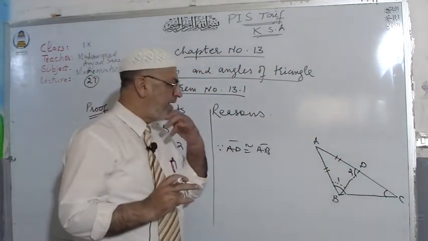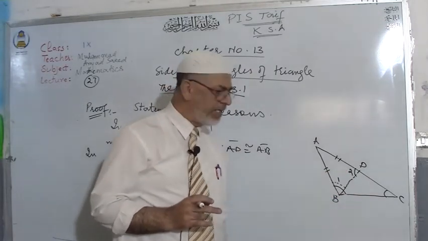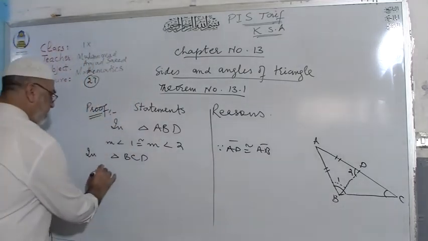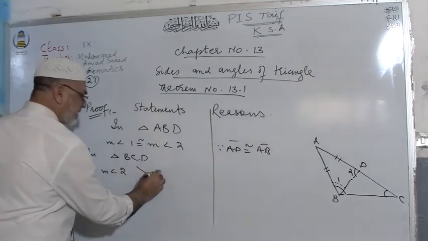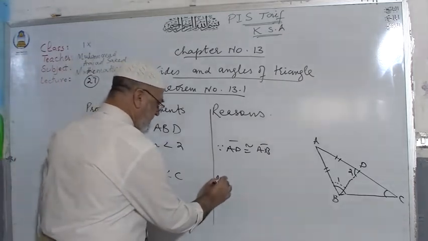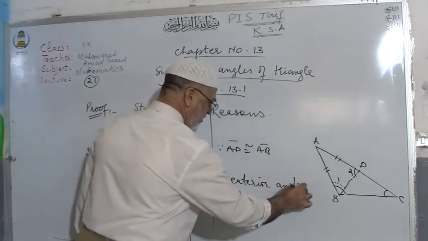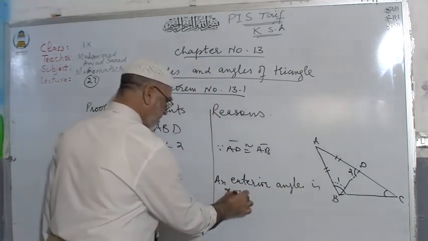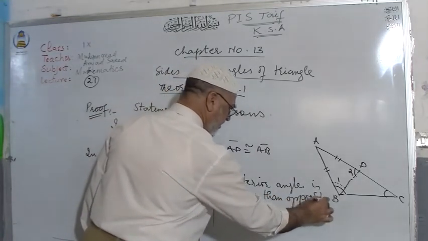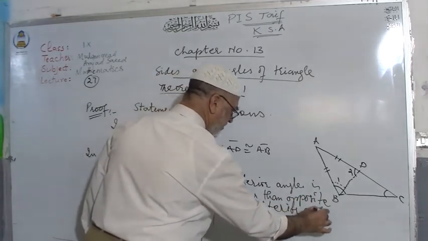Again I am repeating, in any triangle, the exterior angle is always greater than the opposite interior angle. So in triangle BCD, angle 2 is greater than angle C.